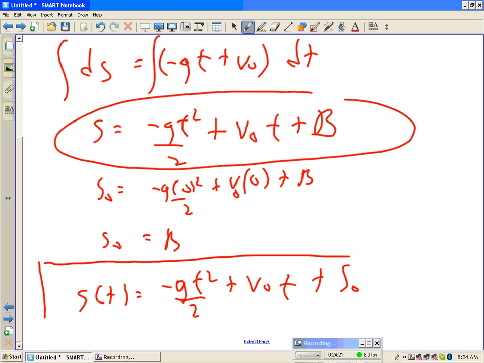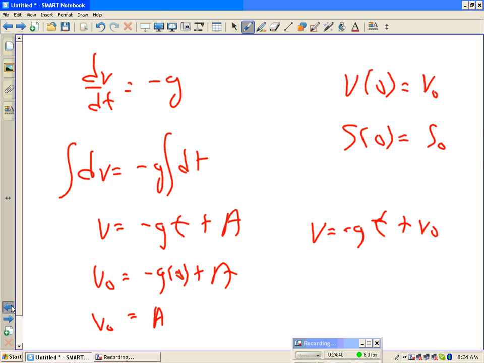the Galilean freefall model without air resistance. Now, if you compare that to the previous solution, look, negative g over 2 is the coefficient of t squared. v0 is the coefficient of t, and s0 is all by itself, right? What does that tell me about this solution?